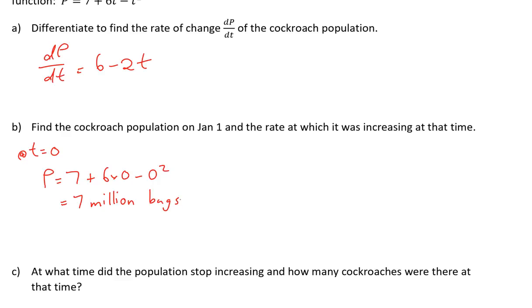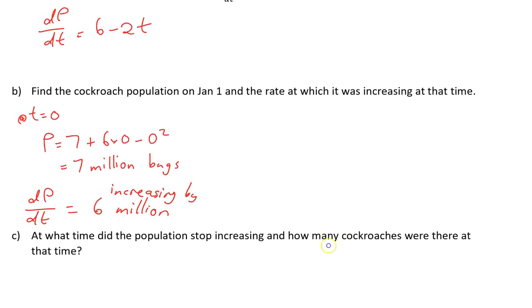Easy to write. Also, dP by dt at t equals 0 is 6 minus 2t, which is 6 million. That's increasing because it's positive. Look at that. There's 7 million and it's increasing by 6 million.